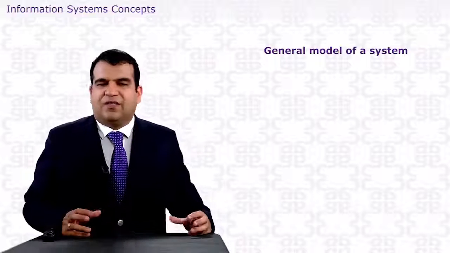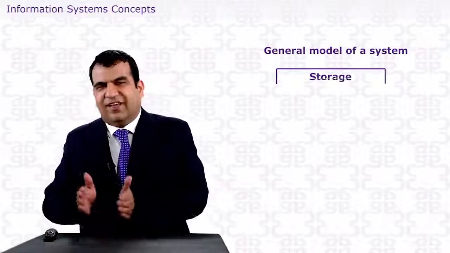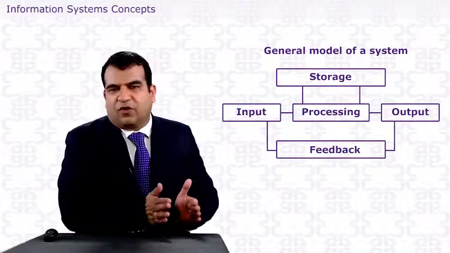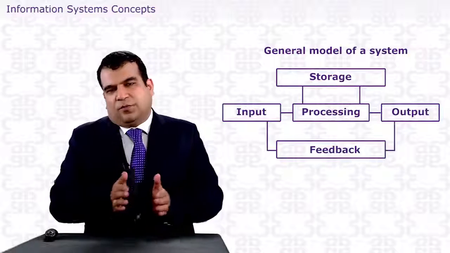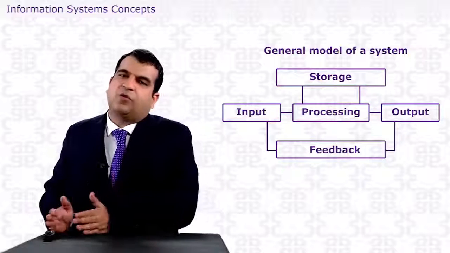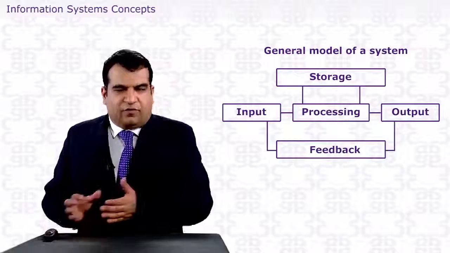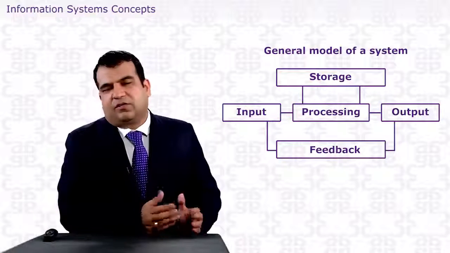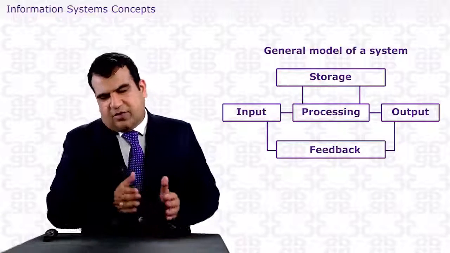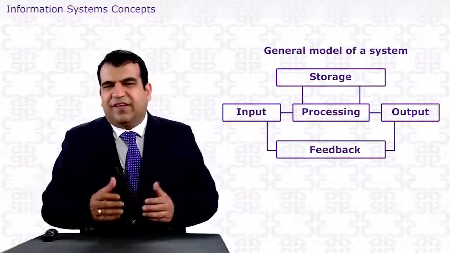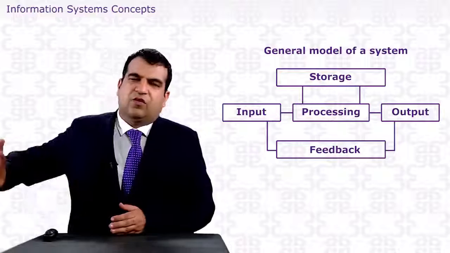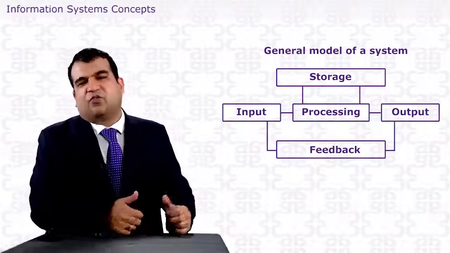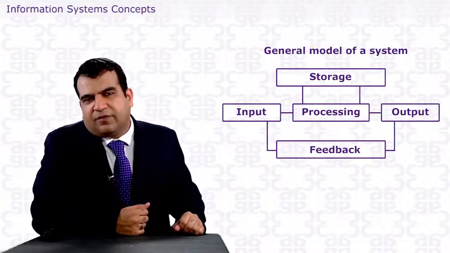A general model has input, processing and output. For a manufacturing company, raw materials are input, processing means production and output means finished goods. For an accounting system like Tally, input means the accounting entries which go in, processing means whatever Tally does, and output means profit and loss, balance sheet, etc. And there are two more terms, that is storage and feedback.